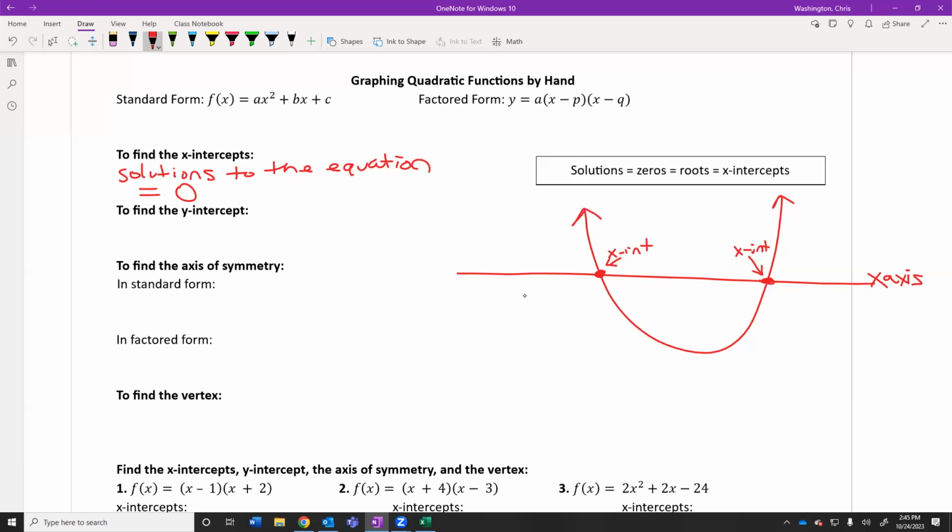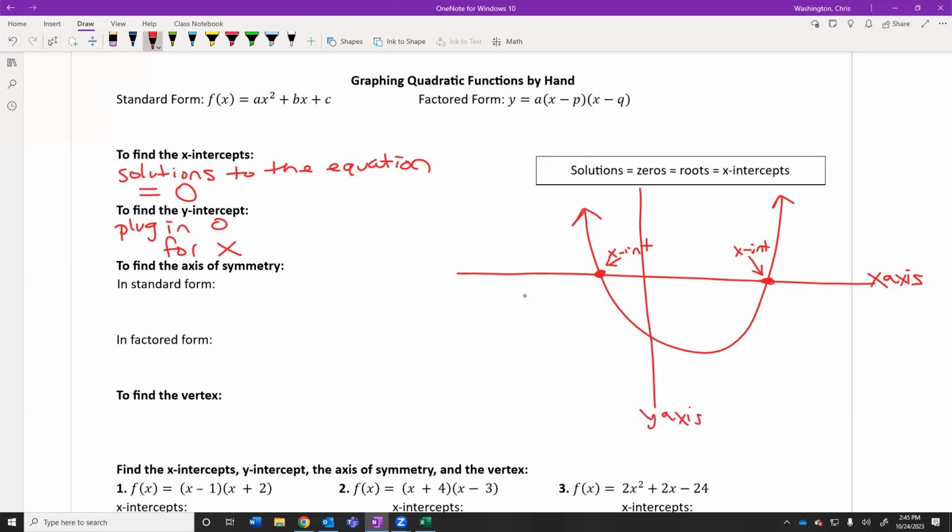To find the y-intercept, we're going to plug in 0 for x. Why might we plug in 0 for x in order to find the y-intercept? In case you really wanted to know, the y-axis may be right here. So this is going to be our y-axis.